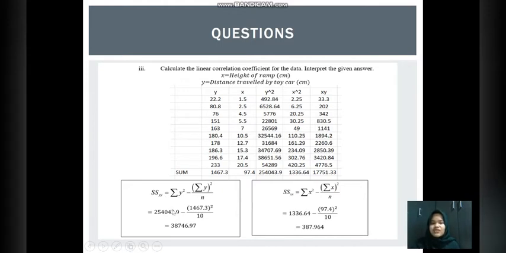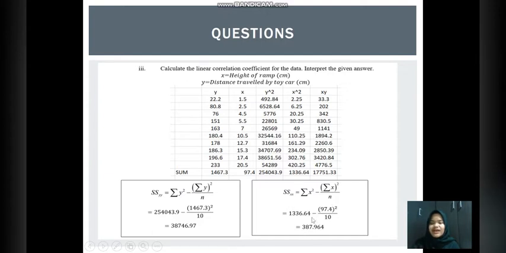I use this formula to find the sample sum for xx: the sum of x squared minus the sum of x to the power of 2 divided by n.